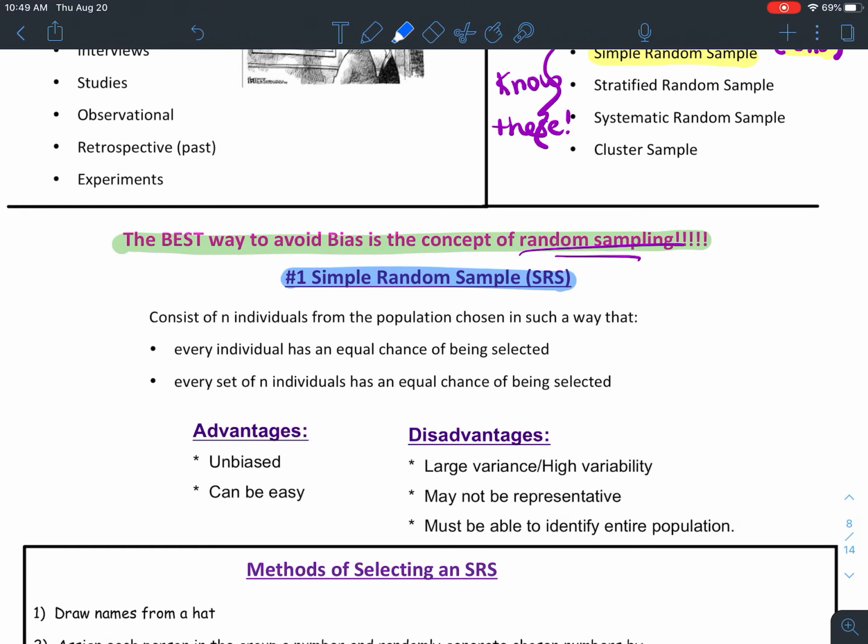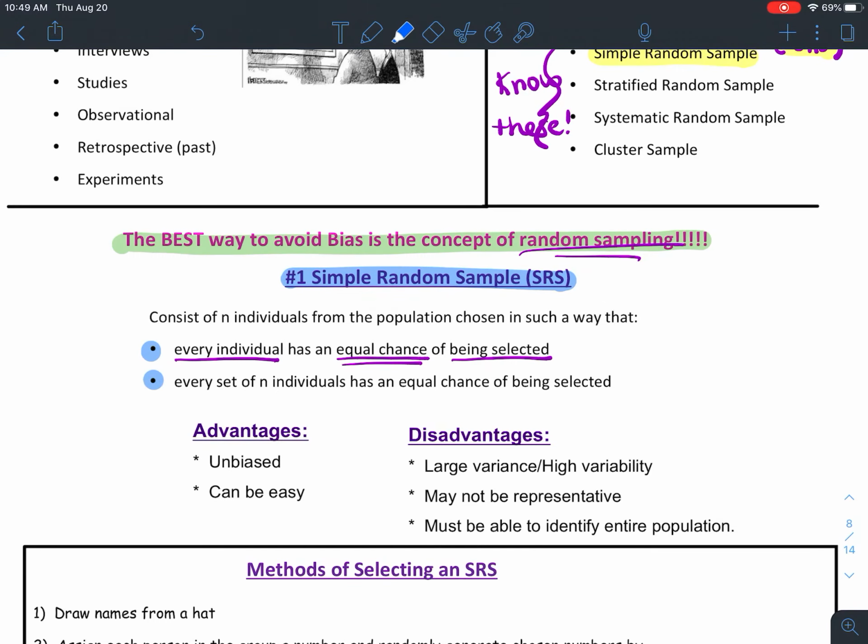Two conditions have to be met for it to be a simple random sample. One is every individual in your population has to have had an equal chance of being selected. This could be done by taking everyone's names, putting them all into a hat, mixing them up, drawing one out at a time, mixing in between. That means that every single individual would have had an equal chance of being selected.